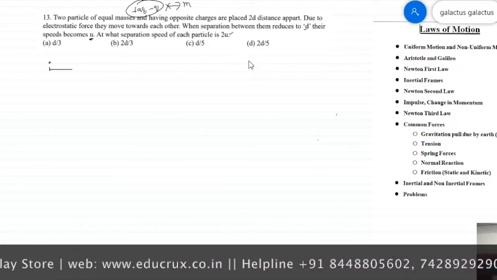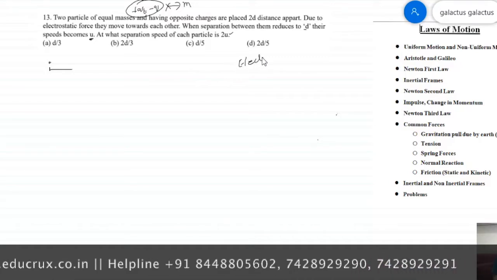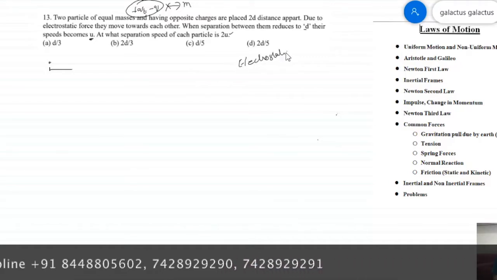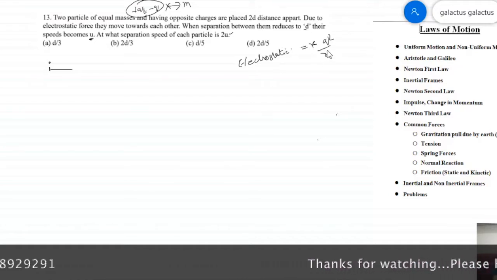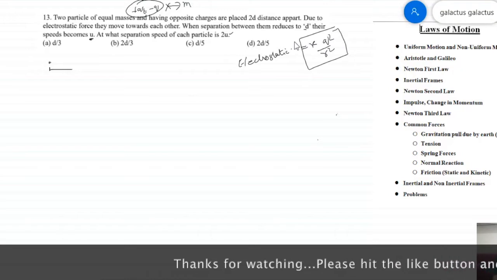So electrostatic force is given by minus kq squared upon r squared, and this is a conservative force.